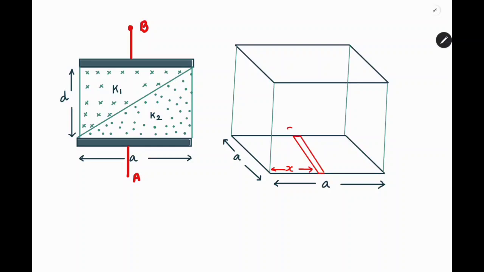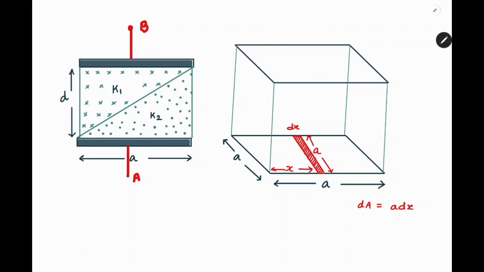This is the patch we are talking about, and it has a certain area. The thickness is dx and this length is a, which is also going to be a throughout the length of this square plate. So the area of this elemental patch, dA, is equal to a dx.